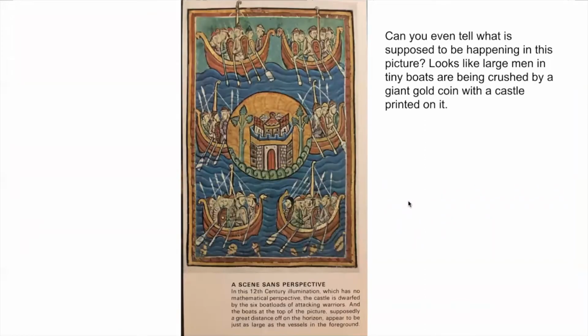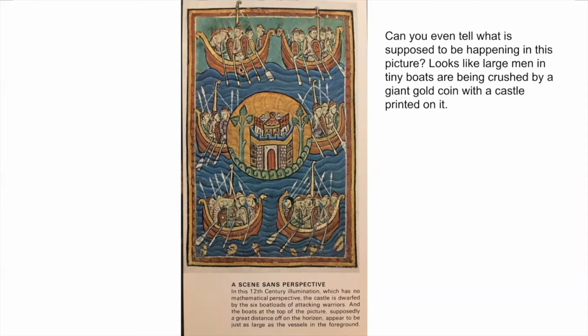Here's another example. If you look at it real close, you can probably figure out what's happening here. But basically, this is supposed to be an island. And these are folks that are sailing up to the island. But when we are looking at pictures of the ocean, we know that back here, where the ocean and the sky come together, would be so far away that these boats would appear tiny.